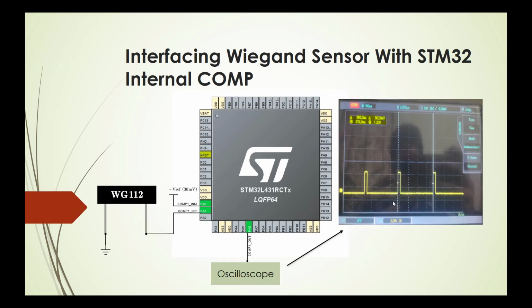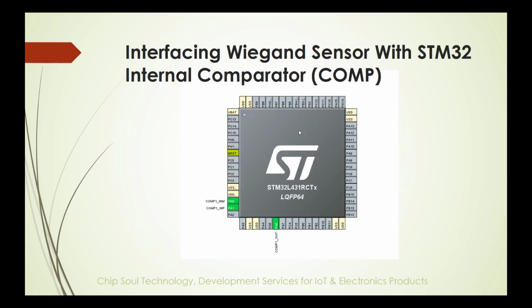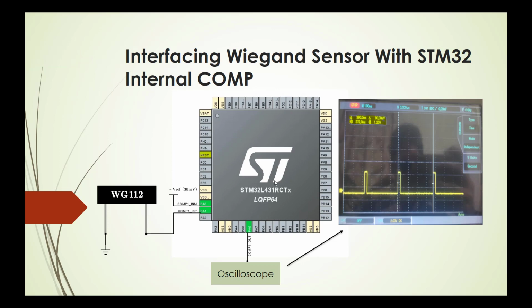This is exactly the same voltage as it was through the external comparator, but the difference is that in this case it will not consume extra power, okay, because you can use the internal comparator of the STM32 microcontroller in low power mode. So due to this reason it will not consume any power.